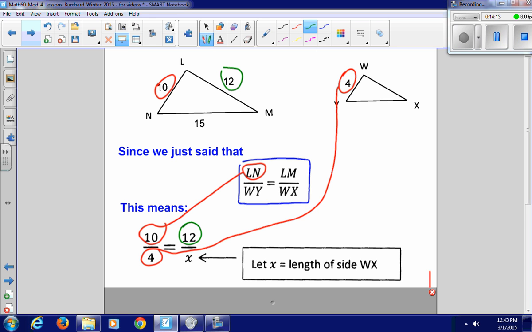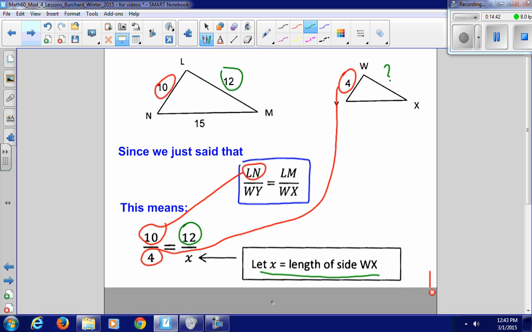And WX is the thing we're wondering about. And so we're going to let X equal the length of side WX. We could have left WX in there. We want to use variables so that we can put it in equation form. Okay, so we just lined everything up, and lining everything up properly in that ratio is what's important about this.